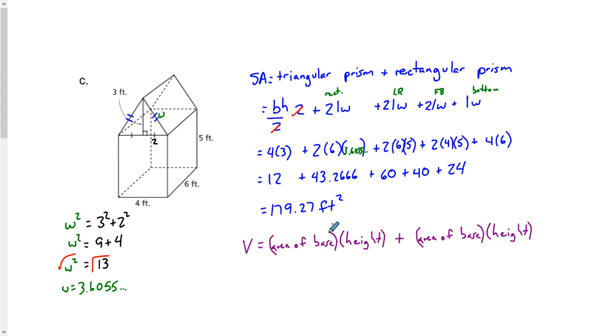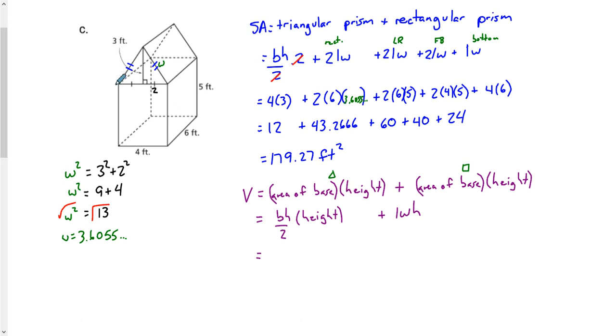So this one we will calculate for the triangle. This one is going to be the rectangular base prism. So the base of this triangular prism would be base times height divided by 2. And then we're going to have to multiply it by the height of it. This rectangular prism, the area of the base is length times width, multiplied by the height of it.